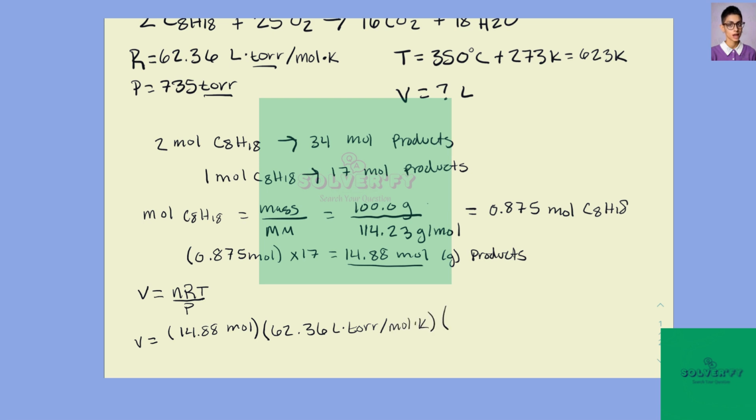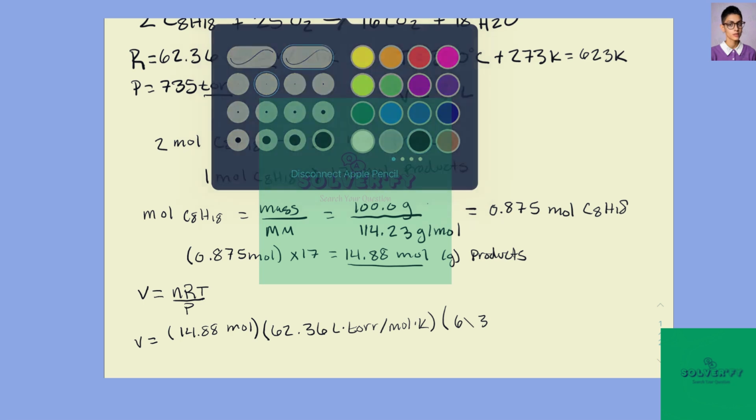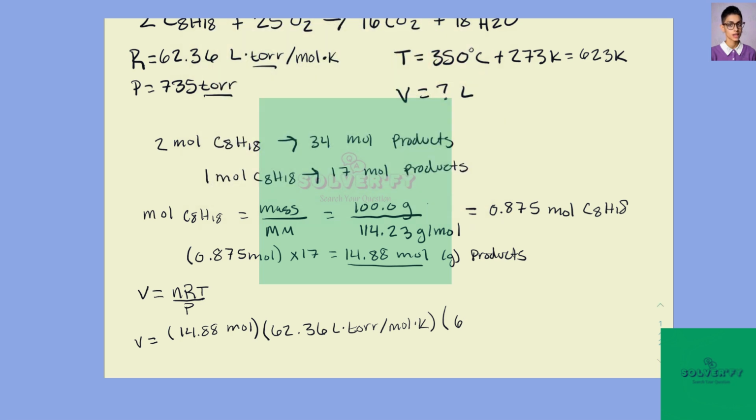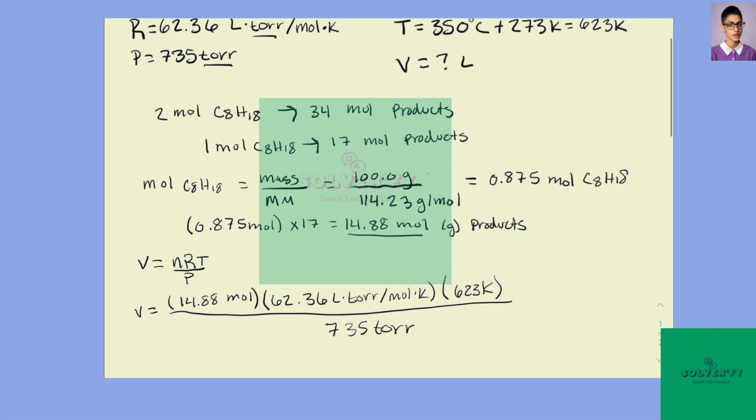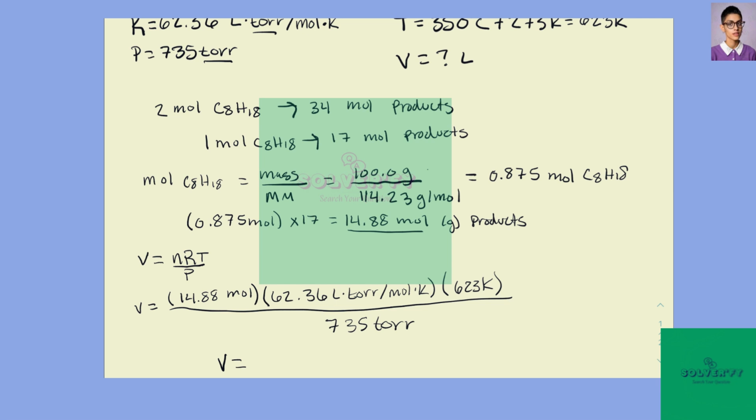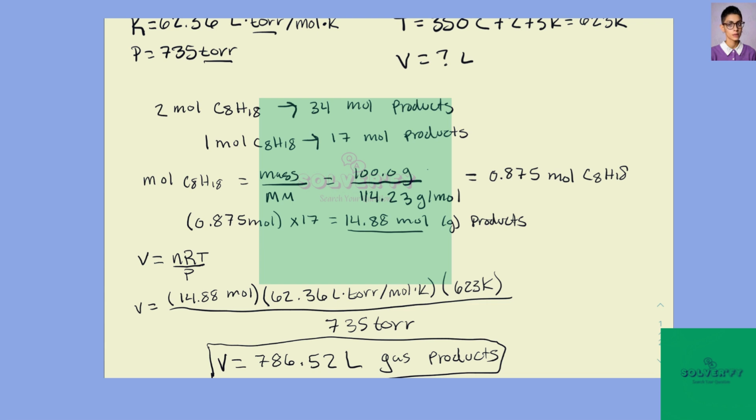We're going to times that by our temperature, which is 623 Kelvin. And we're going to divide this all by our pressure, which is 735 torr. So when we calculate all of this out, our volume is going to be 786.52 liters of our gas products. Alright, and this is how we solve for part A of this question.